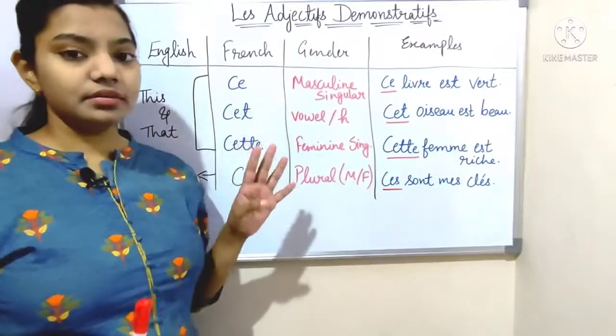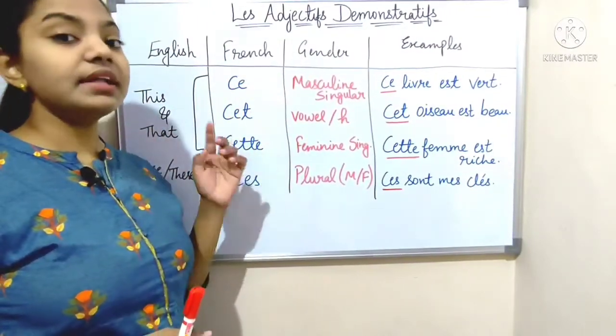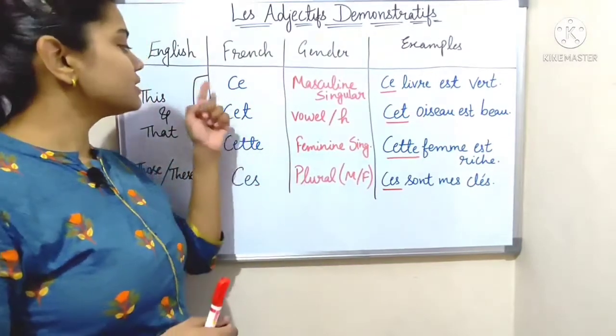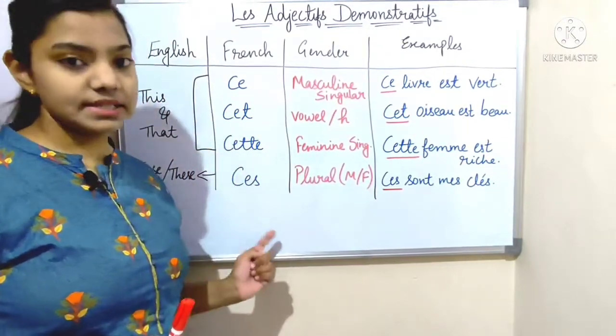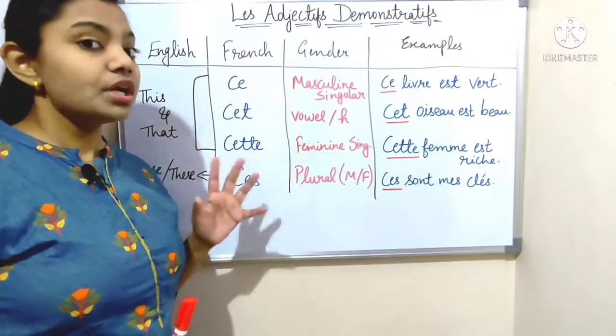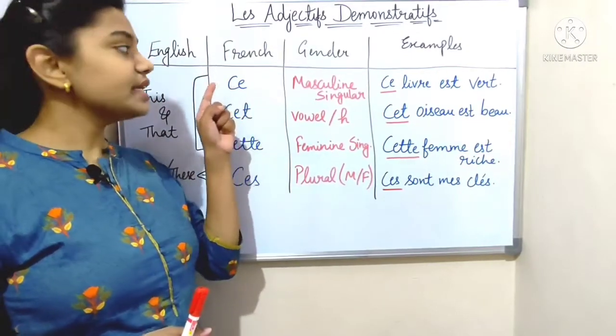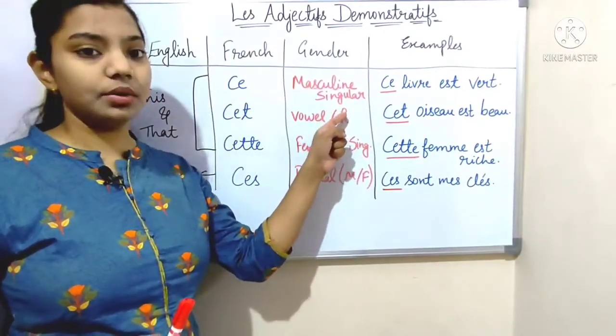There are 4 in English: this, that, these and those, and there are 4 in French: ce, cet, cette and ces.